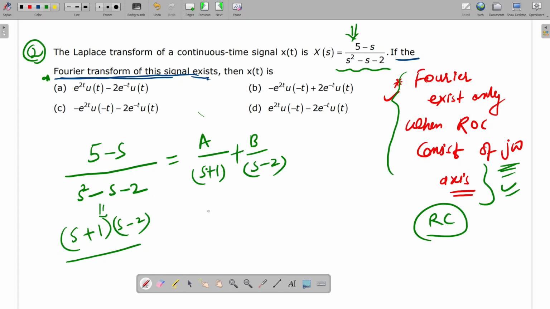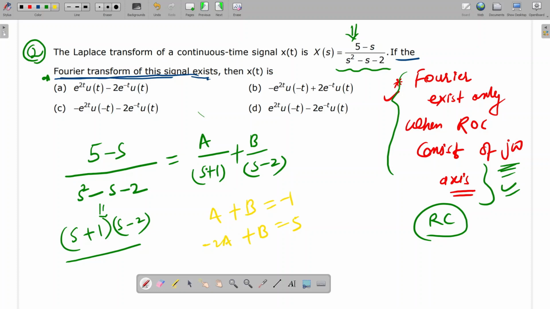The s coefficient: A plus B is equal to minus 1, and minus 2A plus B is equal to 5. Is it correct? A plus B is equal to minus 1 and minus 2A plus B is equal to 5.